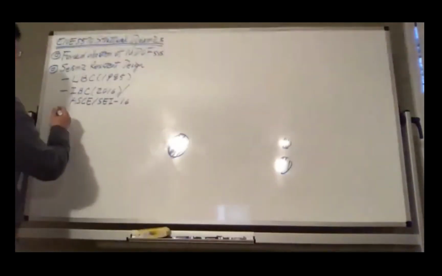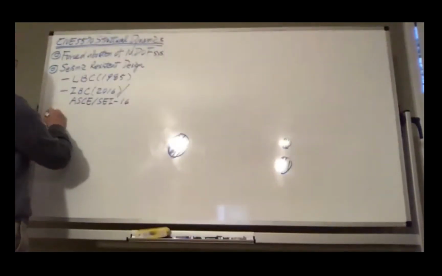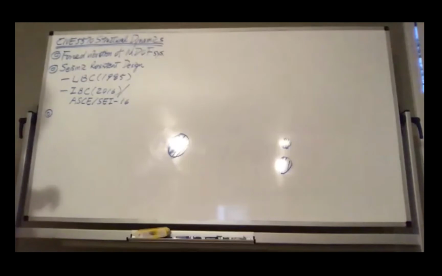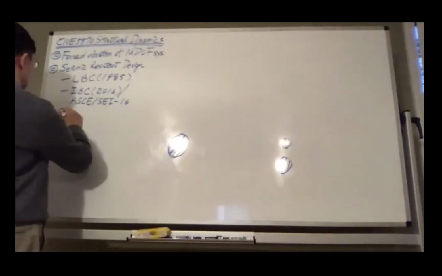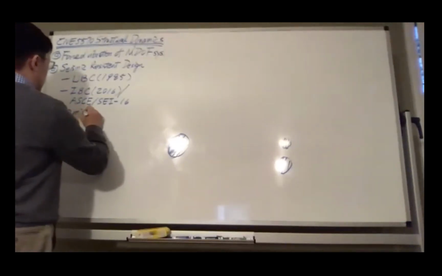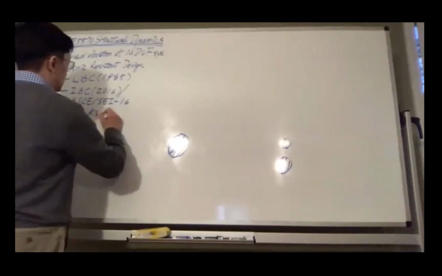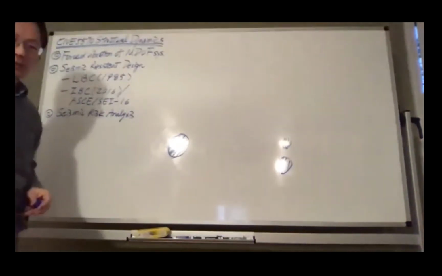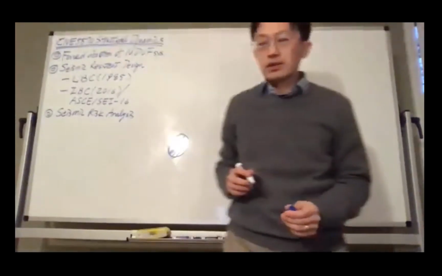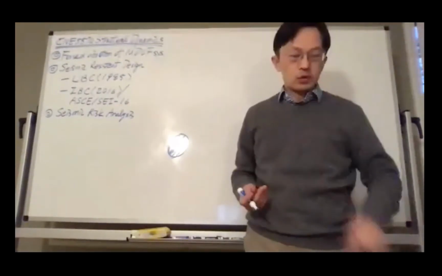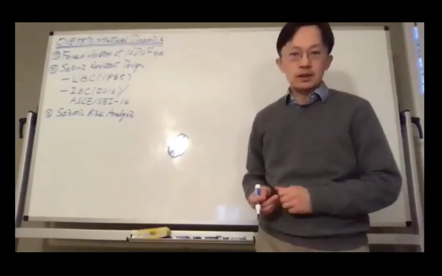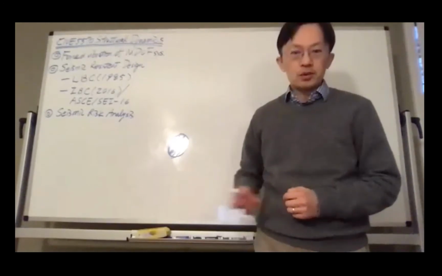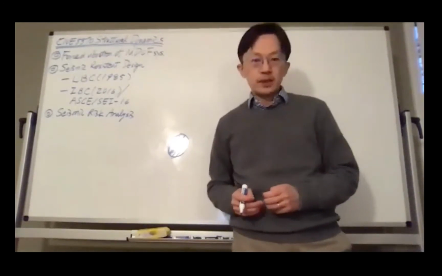The third topic I want to talk about tonight is seismic risk analysis. Some of you may find the last topic useful if your company is dealing with seismic risk related issues.